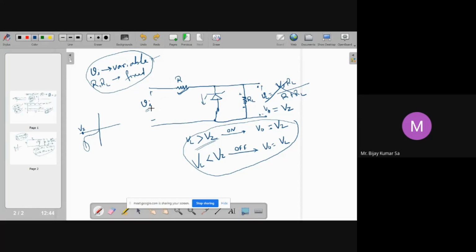So here, can you calculate what is the minimum value of Vi that is required to turn this zener diode on in the reverse direction? Can you do it?